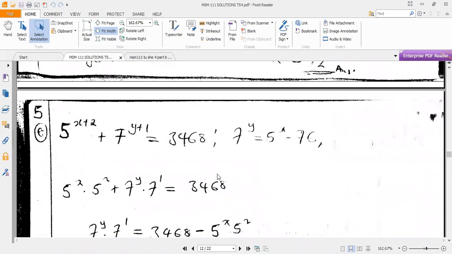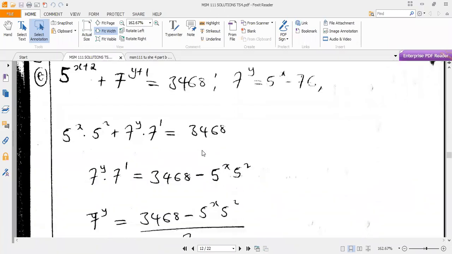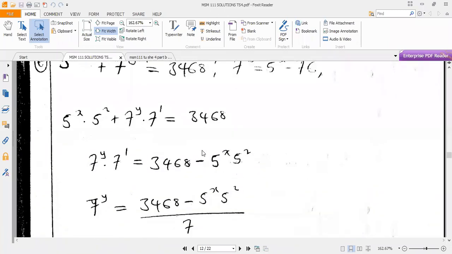So for E, I won't do much of the work, since it's the same concept. The key is just to solve for the term on your left-hand side. You just have to do the manipulation there. The concept I've taught you, you can just apply them. They will just work perfectly there. So we'll go to question 6.